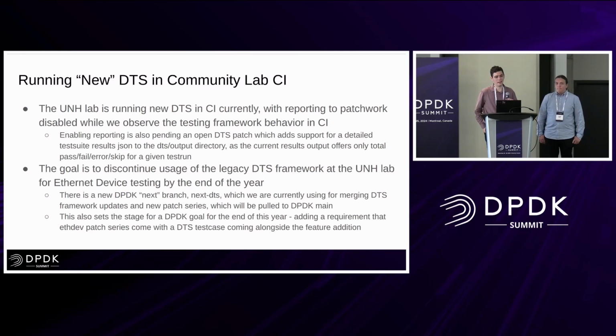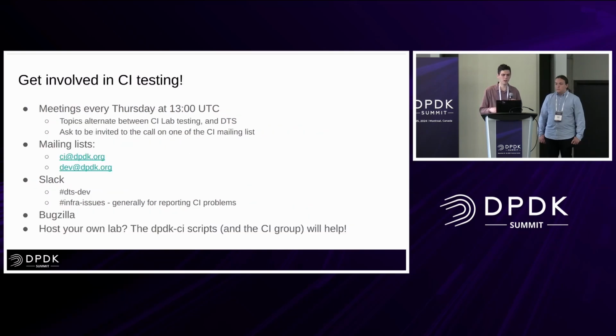And that also sets the stage for a DPDK goal for the end of the year that we discussed with Tech Board at the conclusion of 2023 and agreed on, which is that once this ethdev coverage is validated and in DPDK main, we can add a new requirement for DPDK development that as somebody submits an ethdev patch that adds a capability, they should submit a test suite or an additional test case which is validating that capability. So that's something we're targeting.